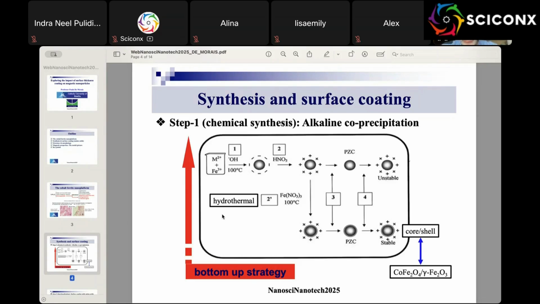So you may produce very stable colloids using this surface treatment of the as-precipitated cubic ferrite nanoparticles. In principle, this approach can be used for a large variety of cubic ferrites. So this is the first step. Next slide, please.